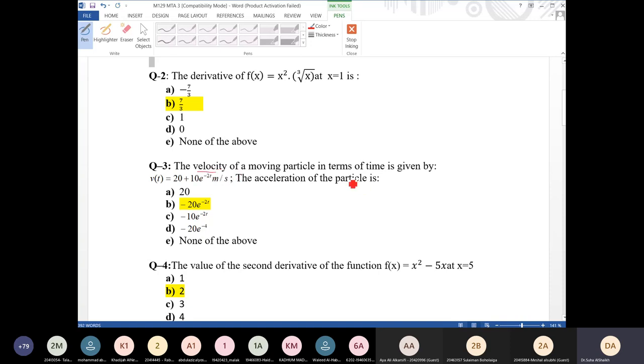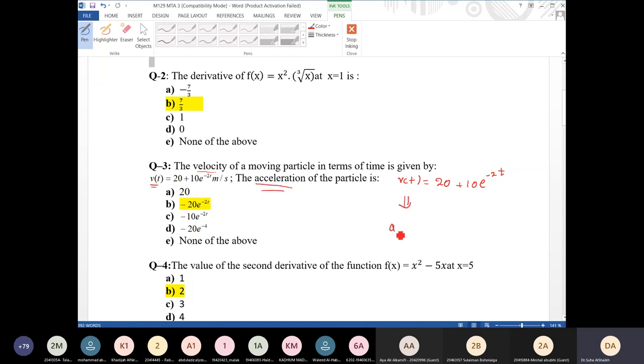The velocity of a moving particle in terms of the time is given by this. They give me the velocity: v of t is equal to 20. You still didn't take this exponential, so we cannot go ahead with this question. This is the velocity and they are asking about the acceleration.